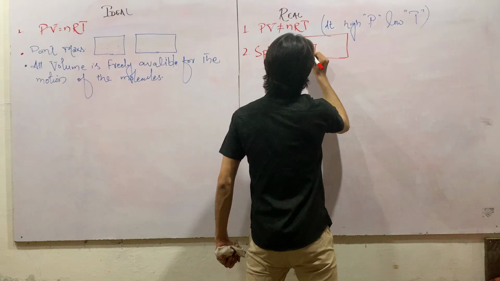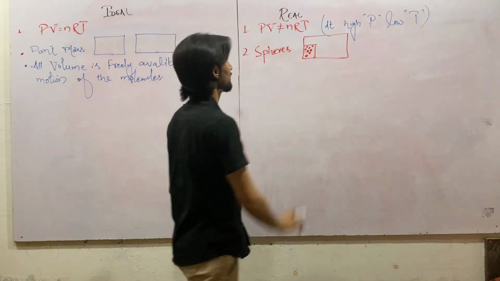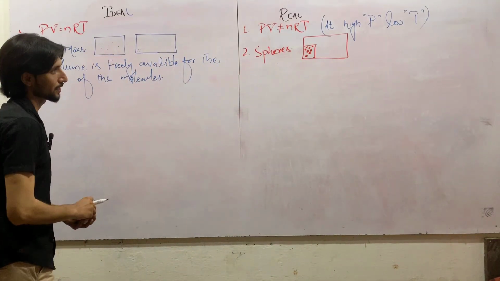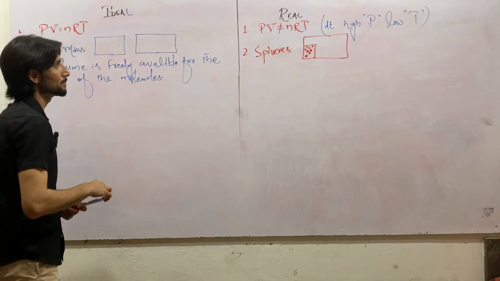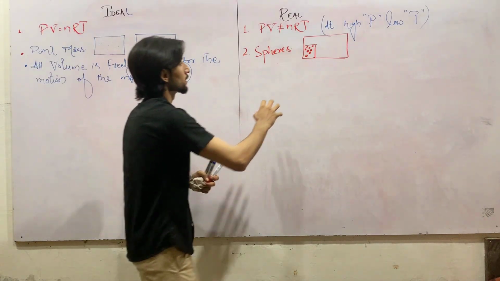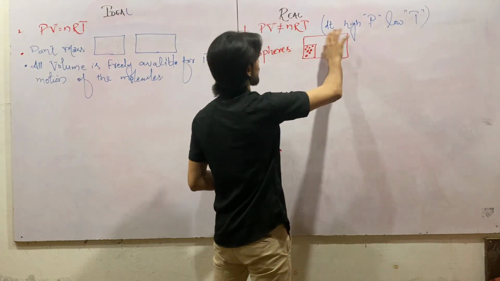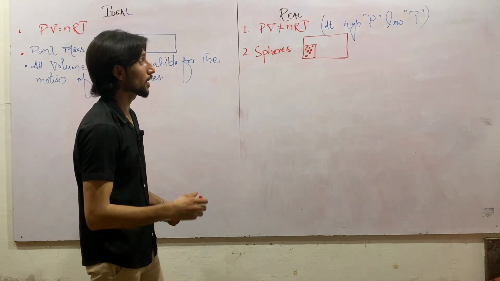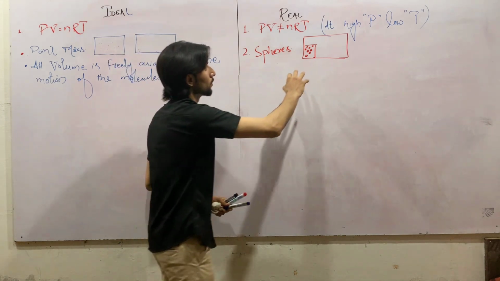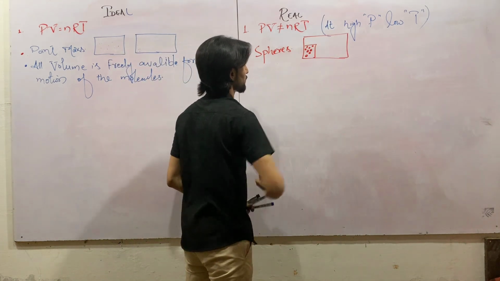So they were occupying some space in the volume of the gas. So what does this mean? This means this whole space is not available. The free space for the motion of the molecules is now less than the whole space of the gas.